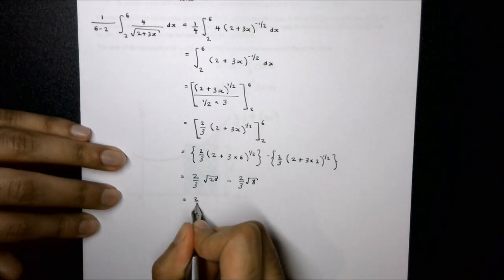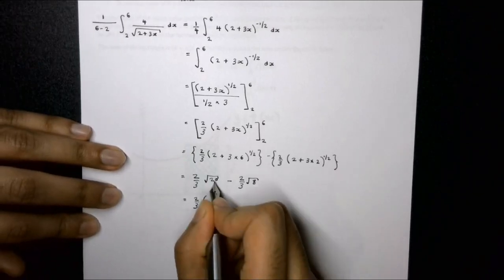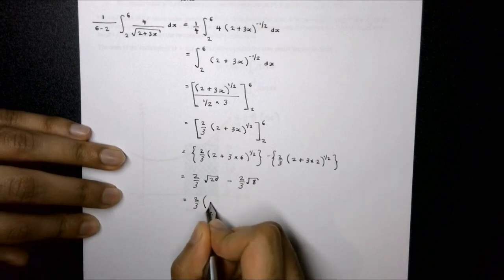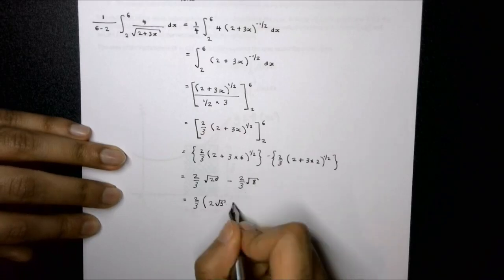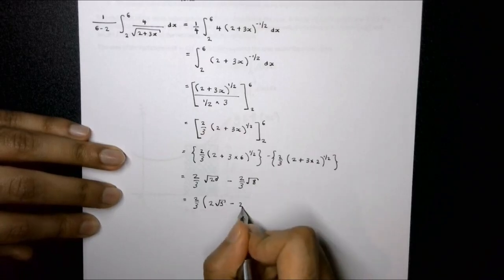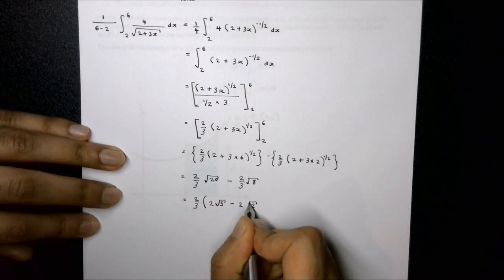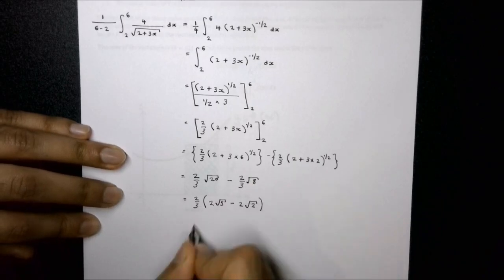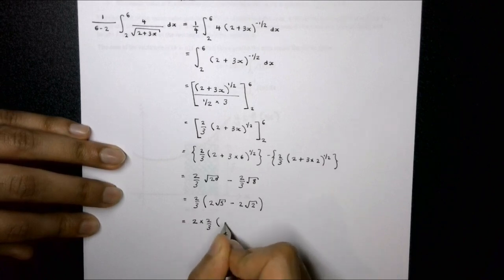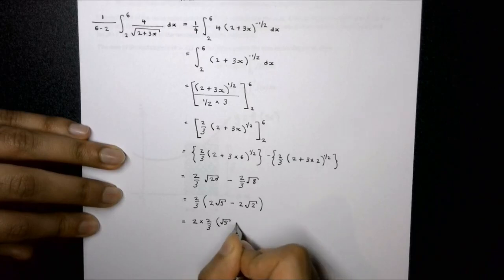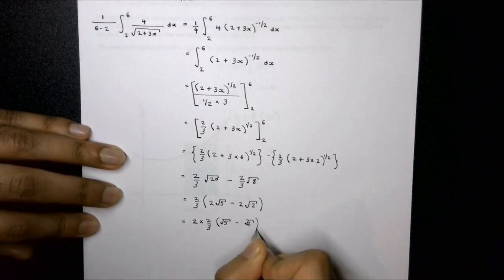we have 2/3 lots of root 20, which is the same as 2 root 5, and root 8, that's the same as 2 root 2. And if we take this 2 outside, you can see we've got 2 times 2/3 times root 5 minus root 2.